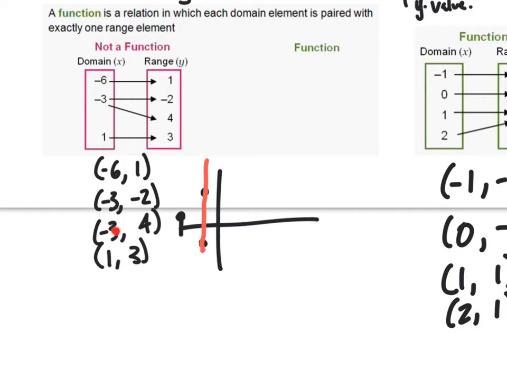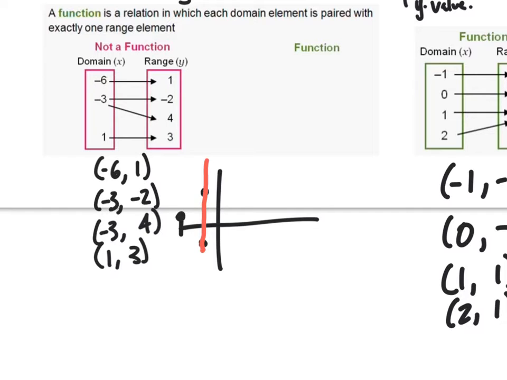At the same time, if I hit -3, it also gives me +4. That's not a function. For every 1 x value, I should only get 1 y value. This is saying that if I hit -3, I'm going to get -2, and I'm also going to get +4. So within the set, no one x value can have more than 1 y. Correct. So okay, yeah.